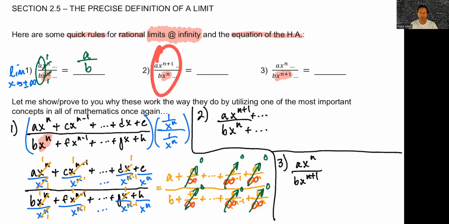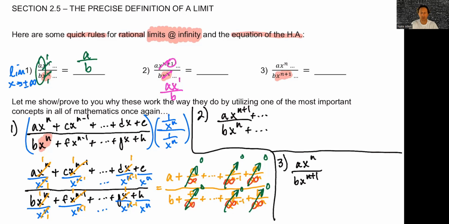Well, if we were to evaluate at infinity, it'd be infinity to the n plus 1 up here, and then infinity to the n. But if we canceled some stuff, what would we be able to cancel? x to the n and x to the n plus 1 is going to cancel to have that plus 1 still. So we will have a to the x over b.